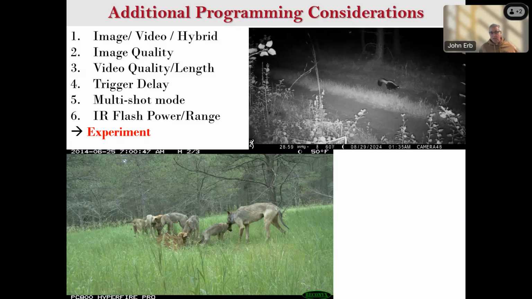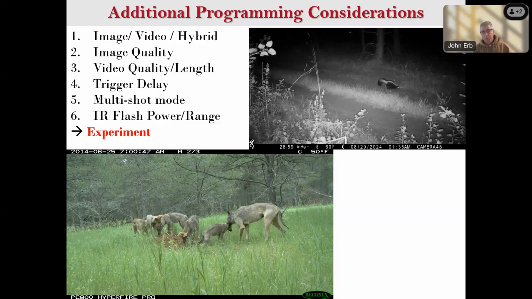So there's some downsides to video and some upsides. You can also determine the video and image quality. What resolution do you want? 12 megapixel pictures or 24 megapixel? And with videos, you can also control the length. Do you want 2-second videos or 10-second videos?